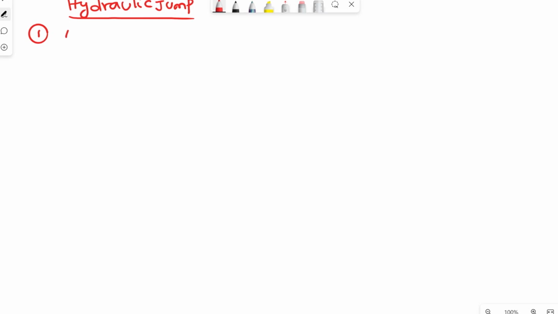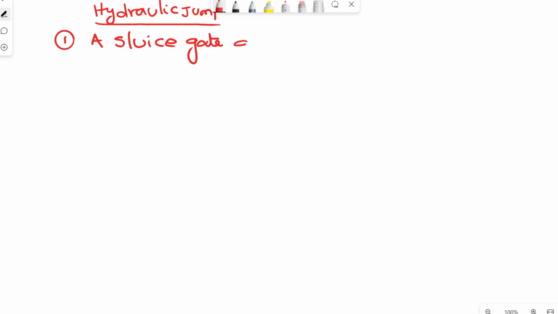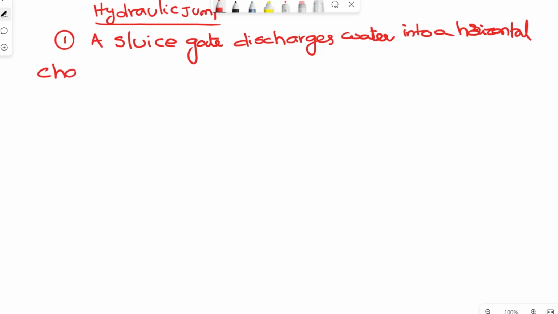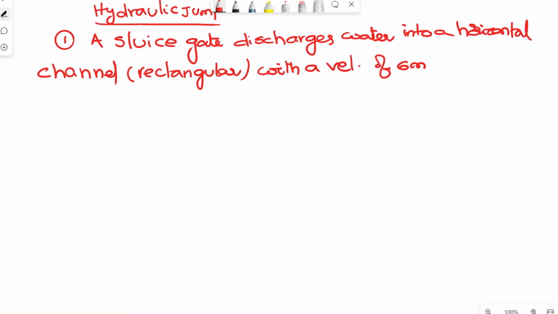A sluice gate discharges water into a horizontal rectangular channel with a velocity of 6 meters per second and depth of flow 0.4 meters.